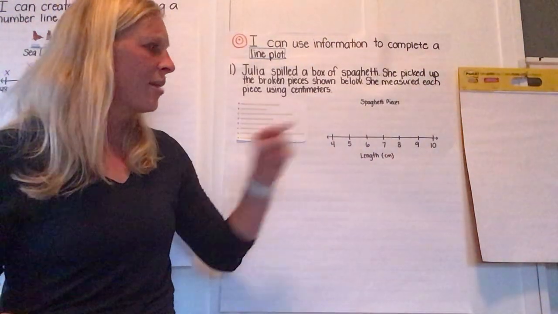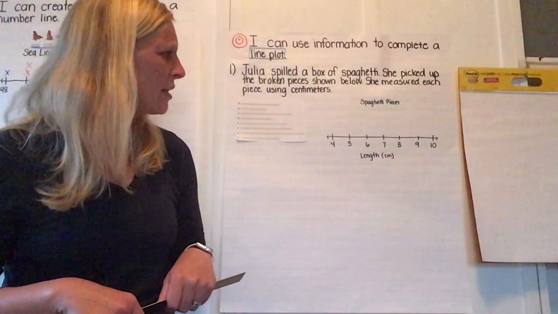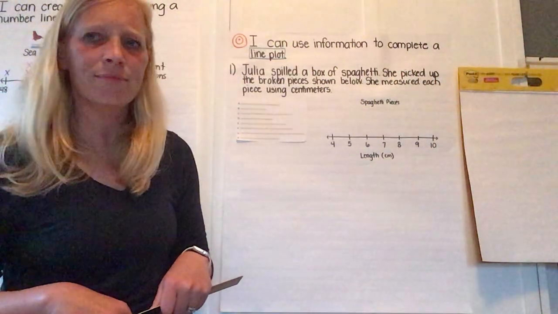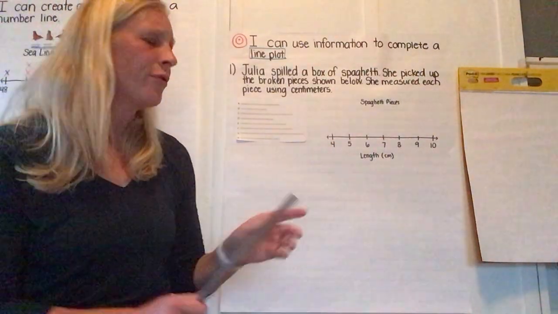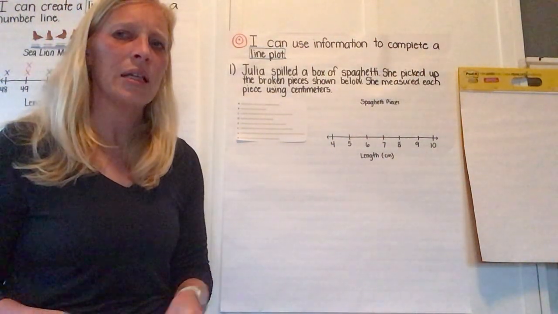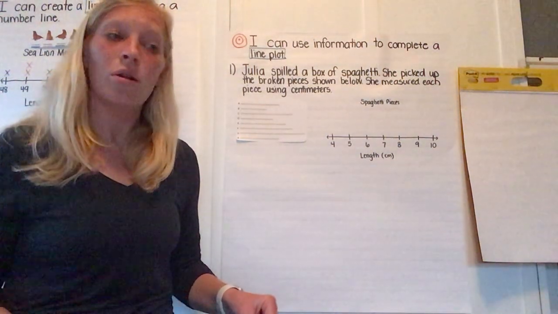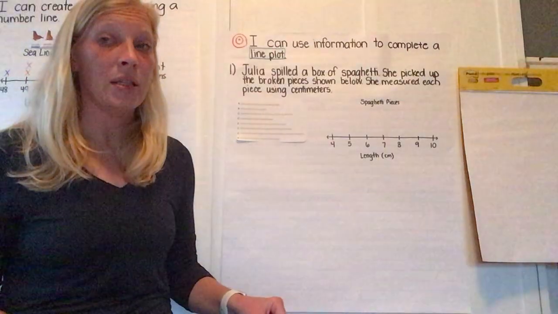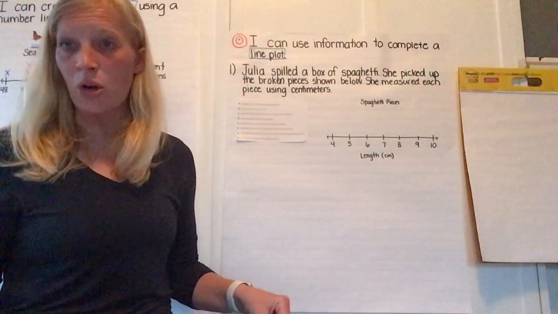Now let's take a peek at our line plot. Look at this line. What do you notice about this line? The smallest number is a 4. What does that tell us about our measurements, friends? Ooh, that possibly our smallest piece of spaghetti is 4 centimeters long, right?